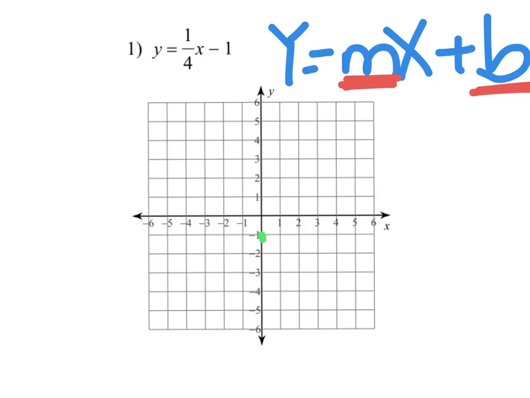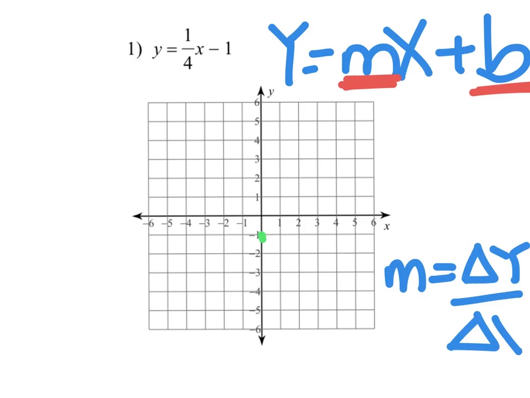And then to graph our second point, we're going to use our slope. In this case it is 1/4. Remember that the slope is basically change in y over change in x, or rise over run.